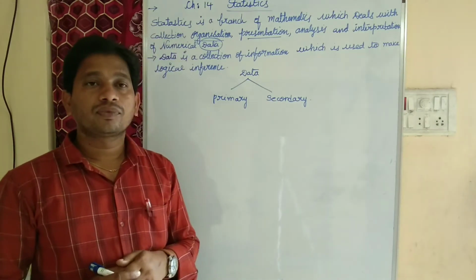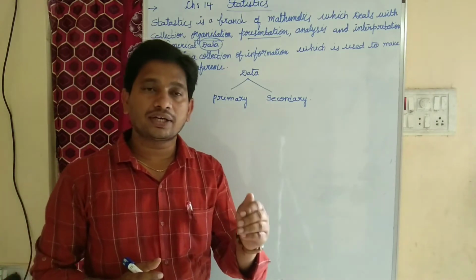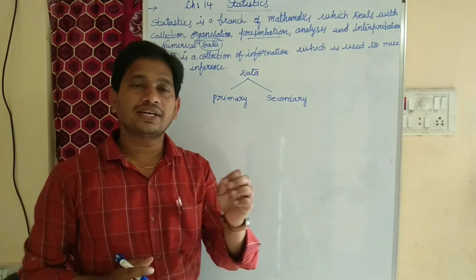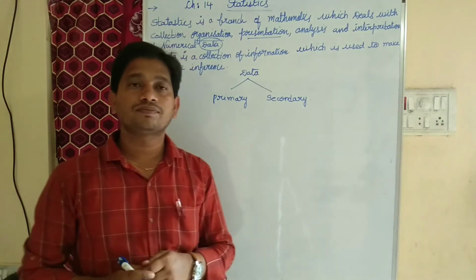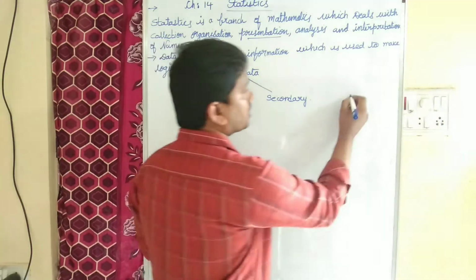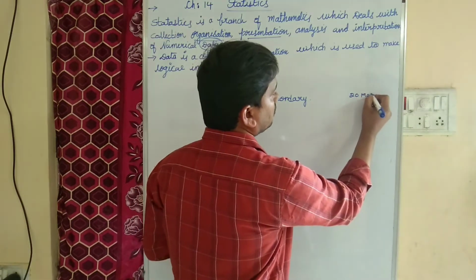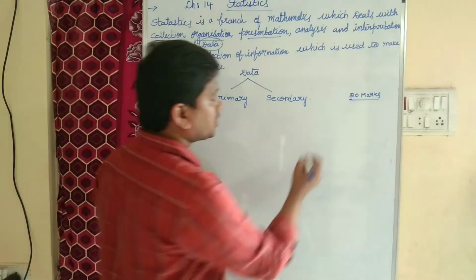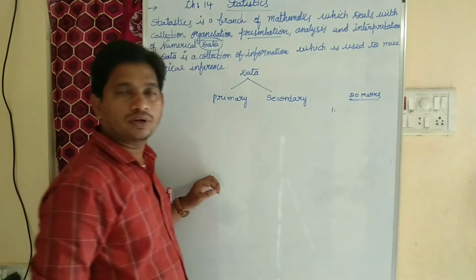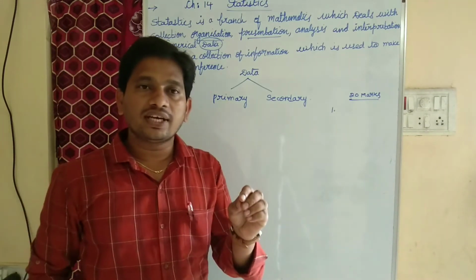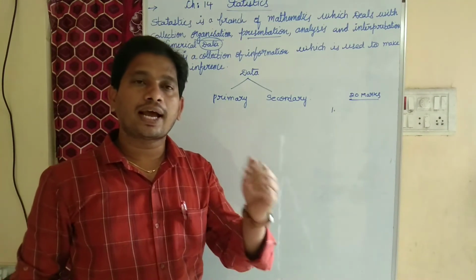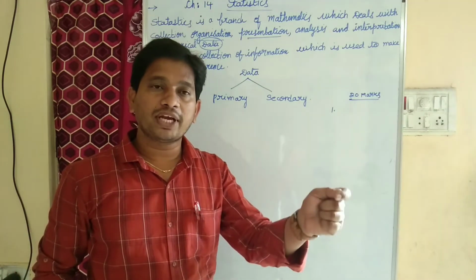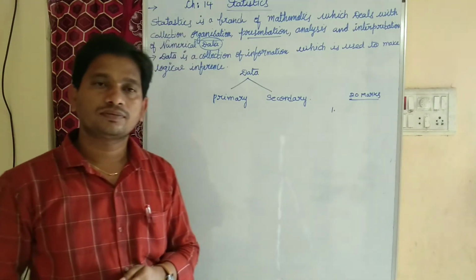in a school, a class teacher conducted an examination. A class consists of 30 students. The exam is for 20 marks. So each student got some marks. The teacher will inform the class monitor to collect the marks obtained by individual students.